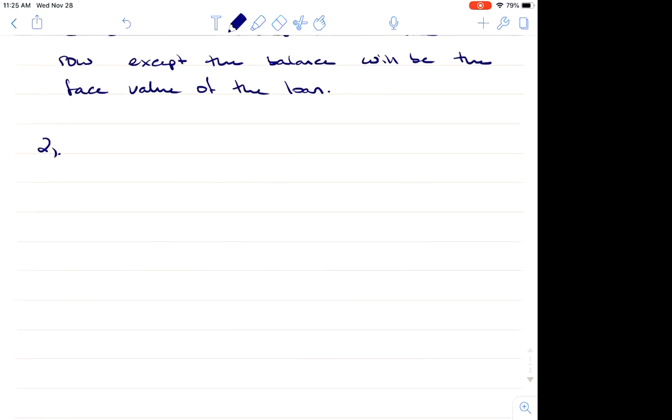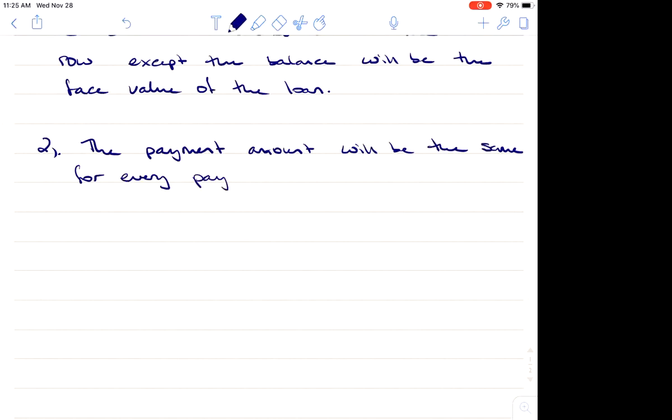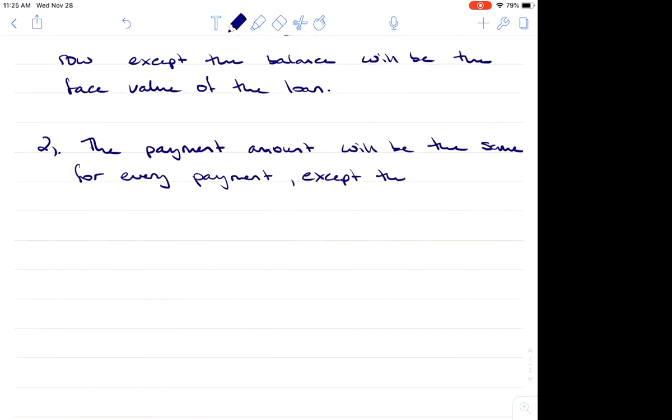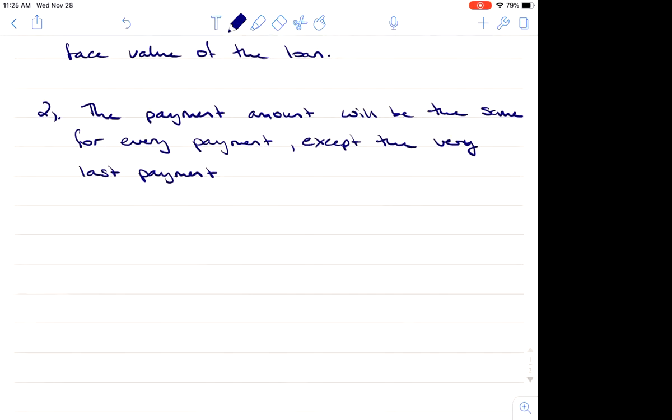So the payment amount will be the same for every payment, except the very last payment, where we need to square everything off. So it could be a partial payment.